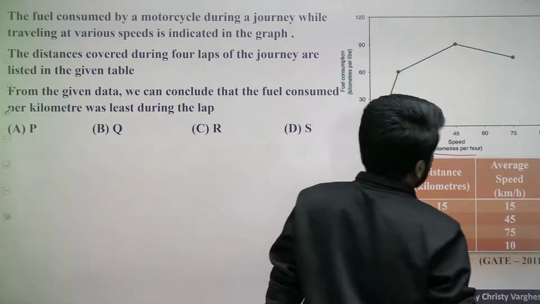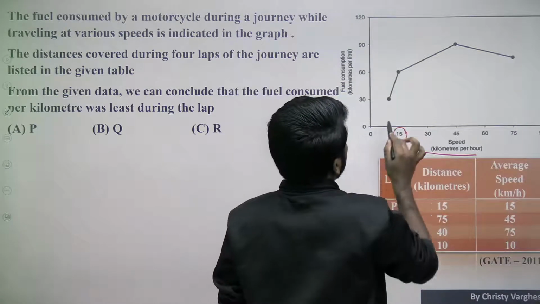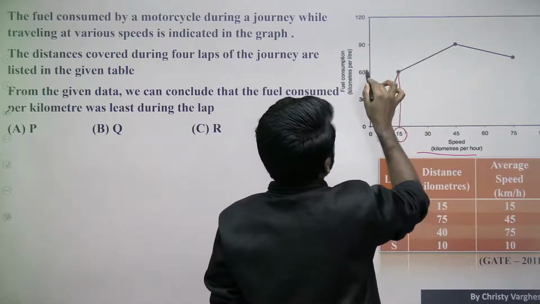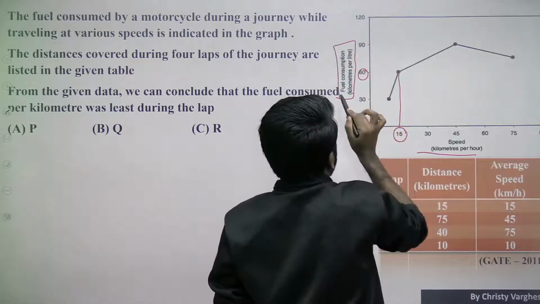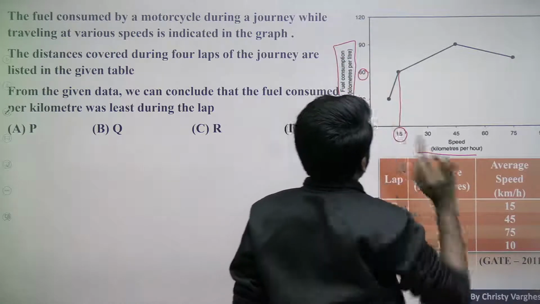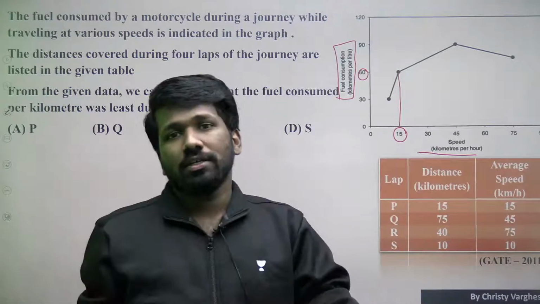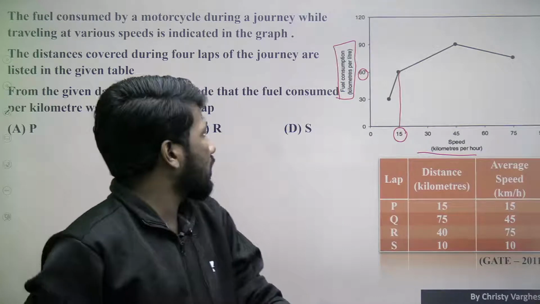Speed is given on the x-axis, kilometer per hour. That means 15 kilometer per hour speed. On the y-axis, for example, if this is 60, what is 60? Fuel consumption, kilometer per liter: how many kilometers can you travel if you use 1 liter of petrol or fuel.